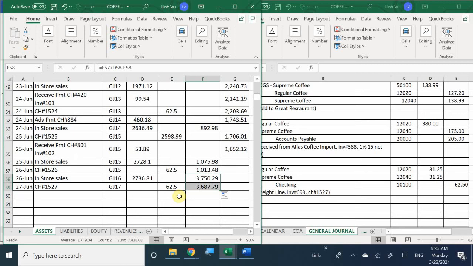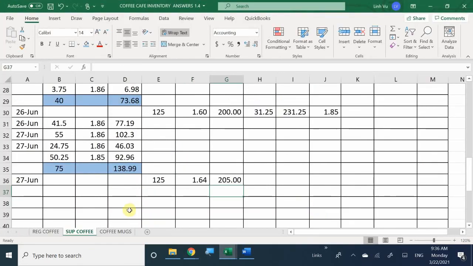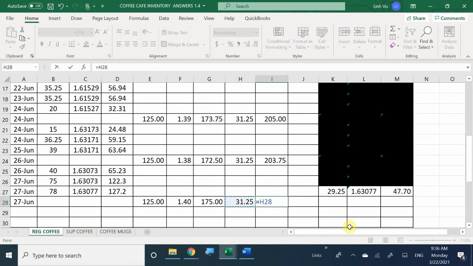Okay, so now inventory worksheet. Let's start with regular coffee. So 31.25 to give us what? This plus this gives you 206.25.